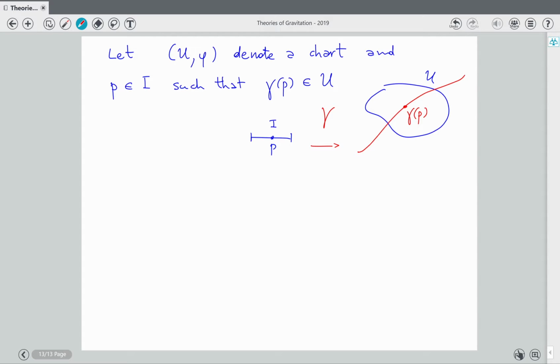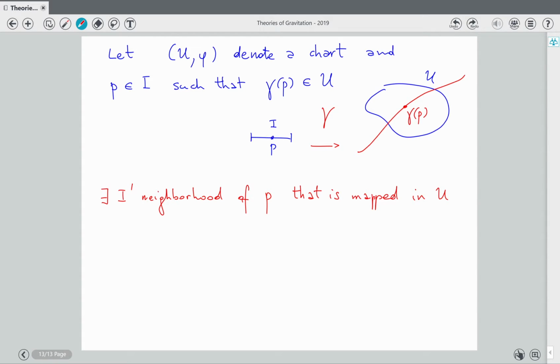There is a neighborhood I prime of P that is mapped in U, which means that if you restrict to some neighborhood here, you will get the portion there.